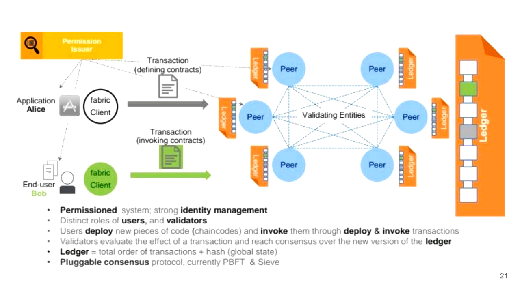And we can see that this specific use case, let's say this is for General Motors, we have a dedicated set of nodes and peers that are responsible for validating transactions. And all the way up in the top left, we see that we have a permission user. This is the person that governs permission within the system. This is the person that says whether or not Alice can run an application or Bob can send a transaction. So this is just a general kind of visualization that I hope was valuable to you.